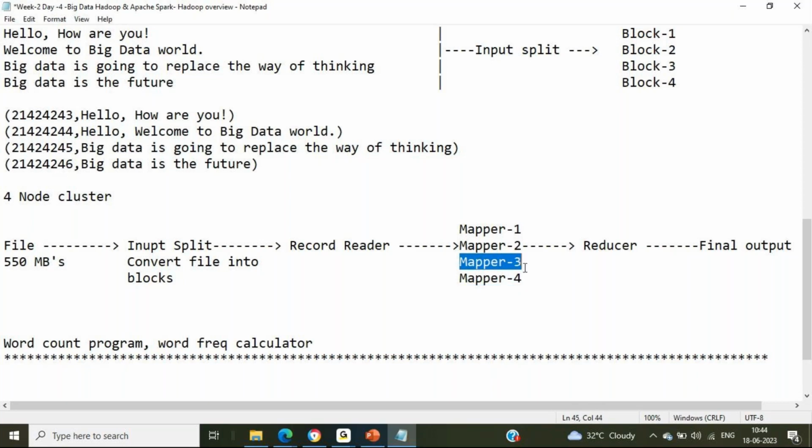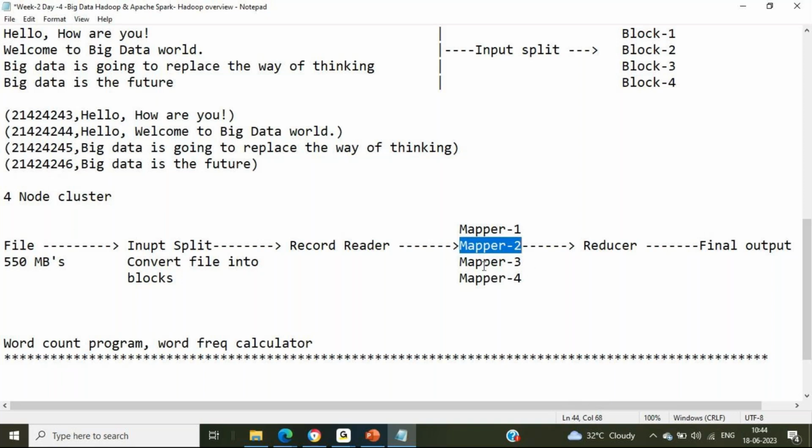There is no need to go through the syntax and all, how to import libraries and all. So there is no need to bother about that particular stuff. What you need to focus on is the logic.